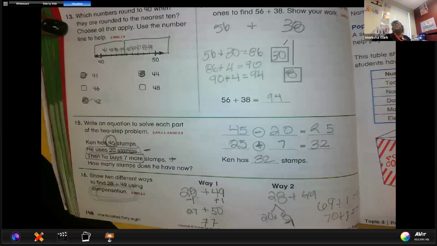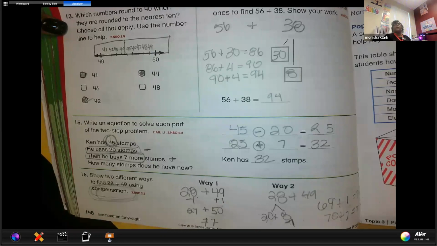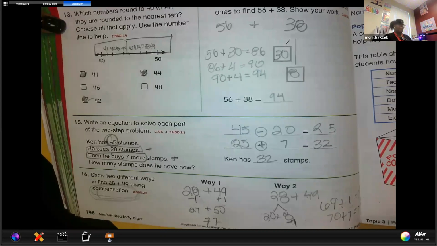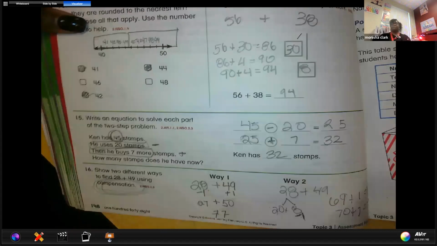It doesn't matter. You still have your neighbor's iPad you can copy off of. No, you have your neighbor's iPad that you can copy off of, and then you're going to work on this at home. Okay. All right.